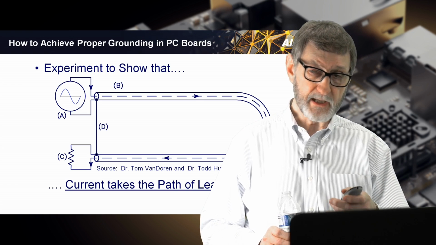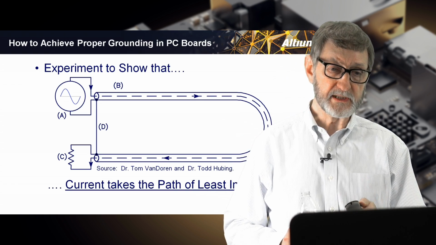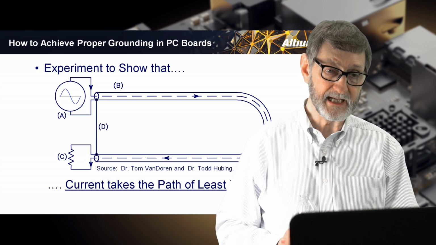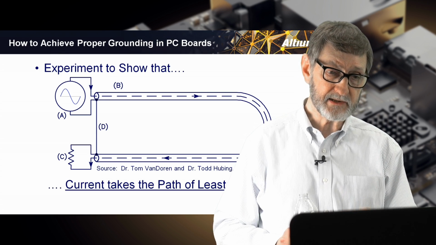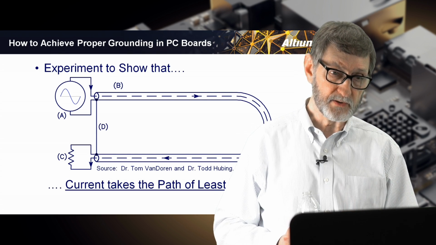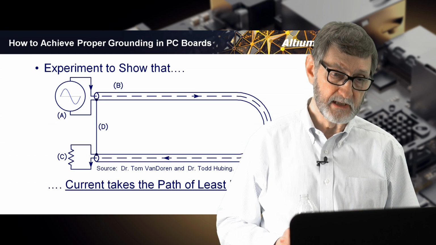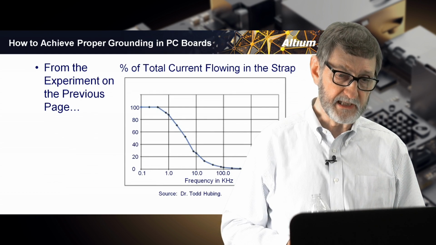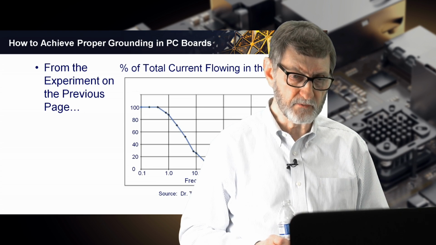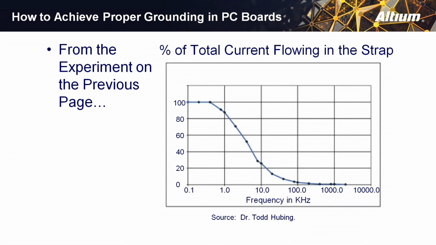And we're talking about a wire that is 1/30th or 1/40th the length of the coax, and yet by the time we get to 100 kilohertz, there's literally almost no current left in the wire. Here's a graph put together by Dr. Todd Hubing of Clemson University that illustrates exactly that. And you can see that at 100 kilohertz, there is a trickle current left in the wire.